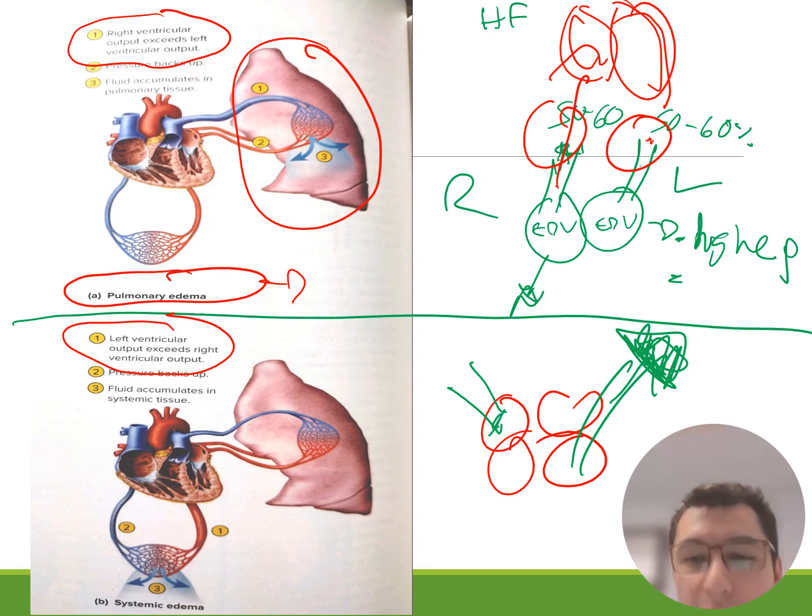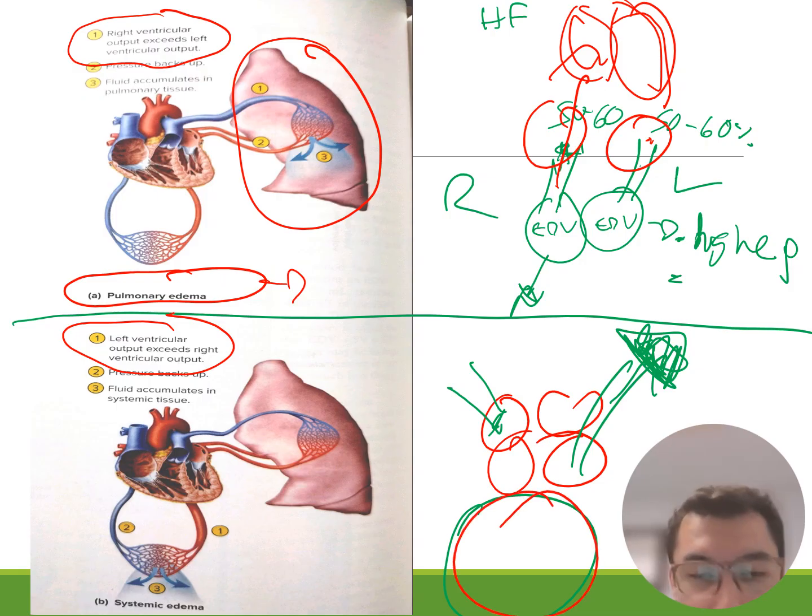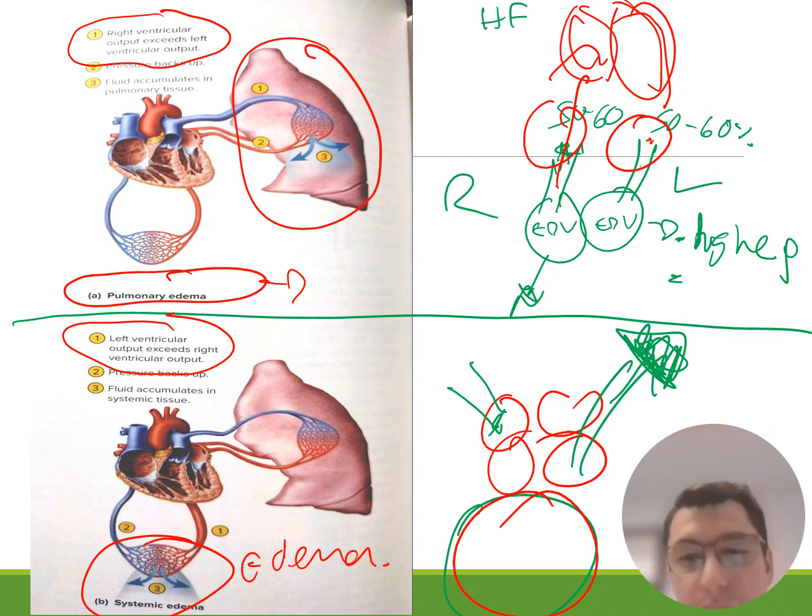So it will back up, not only into the lungs, but into the systemic circulation. And in that systemic circulation, it will lead to systemic edema. And that will lead to a form of heart failure. This is just for your information, to put it into perspective. How is it that these volumes affect the human body?